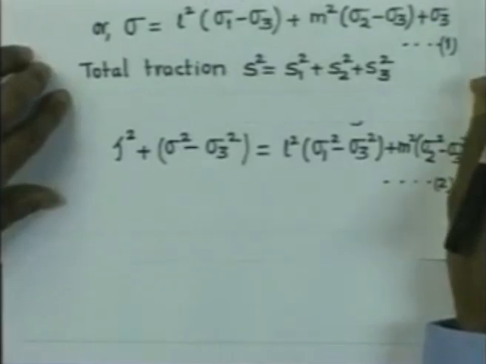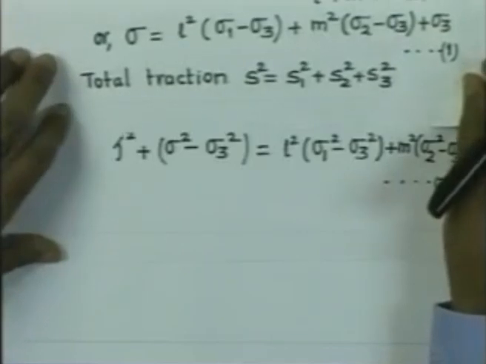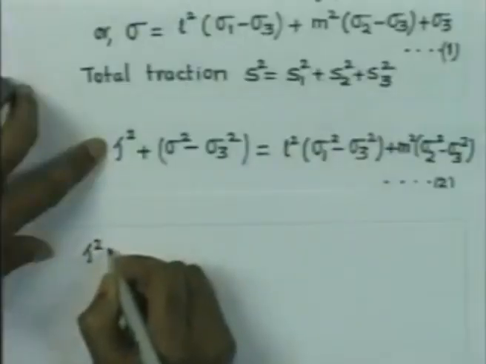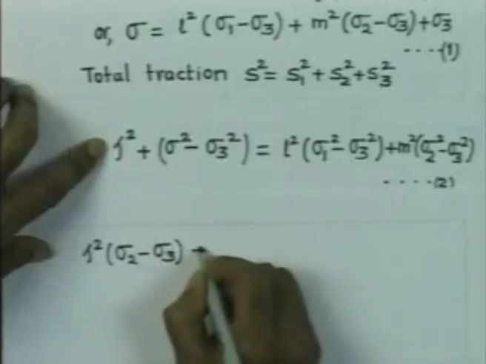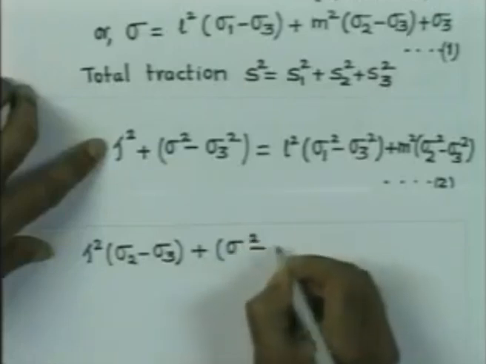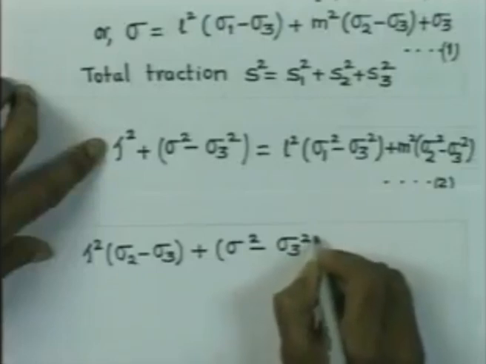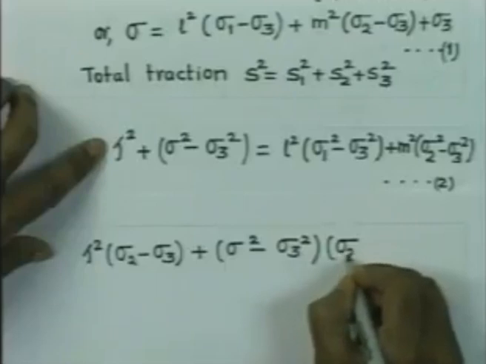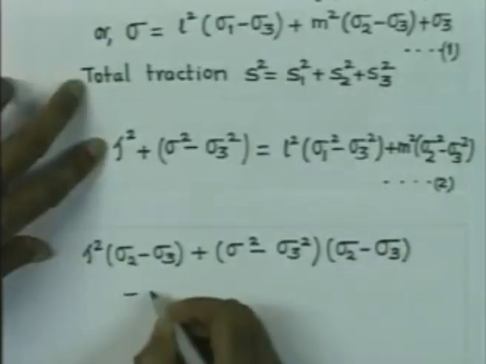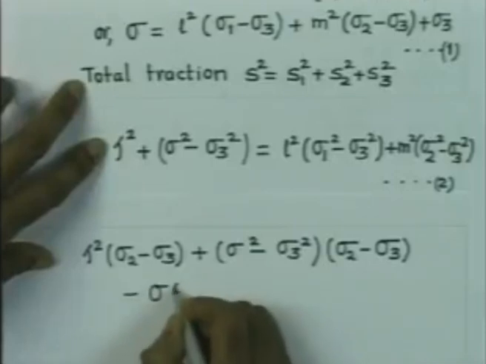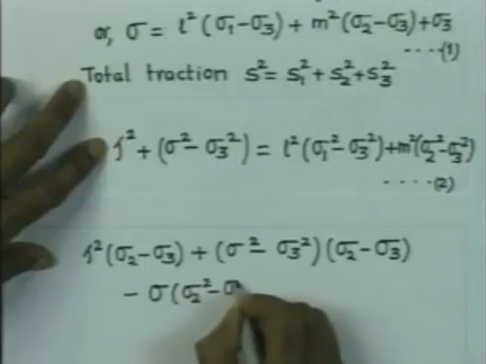Now, we would like to eliminate m square from these two relations, thereby we will get tau square into sigma 2 minus sigma 3 plus sigma 2 square minus sigma 3 square into sigma 2 minus sigma 3 minus, we will write, sigma into sigma 2 square minus sigma 3 square.